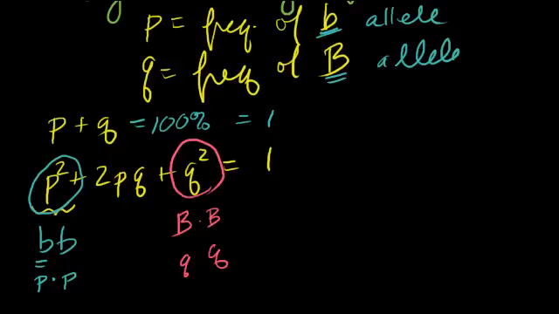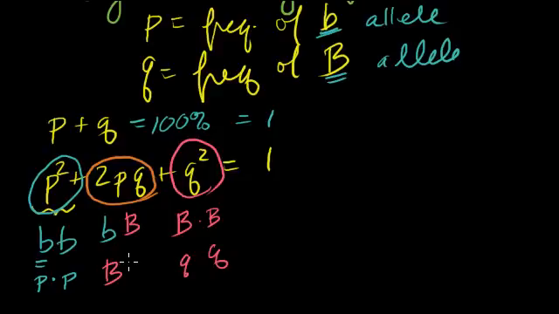Now, what's 2PQ? Well, that's essentially the frequency that I'm a hybrid. I have a heterozygous genotype. And why is that? Because there's two ways that I can be a heterozygote. I could get blue eyes from one parent and brown eyes from the other, or I could get brown eyes from the first parent and blue eyes from the second.